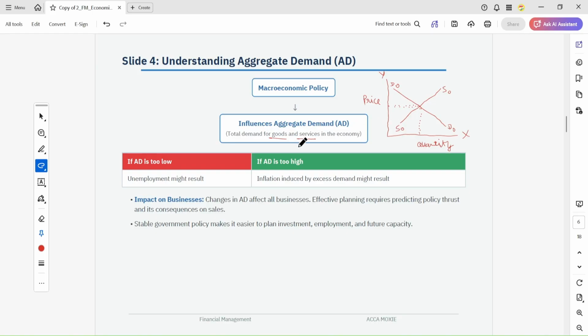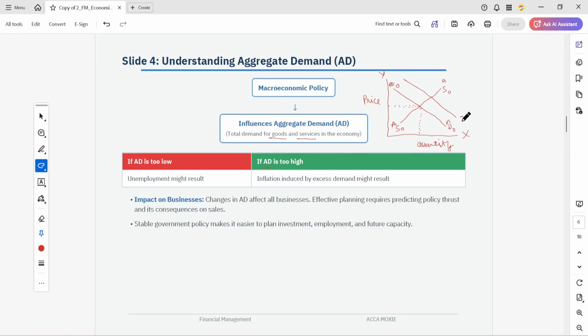So what happens if this is aggregate demand and aggregate supply, the overall demand and supply in the country, and the demand in the country increases?